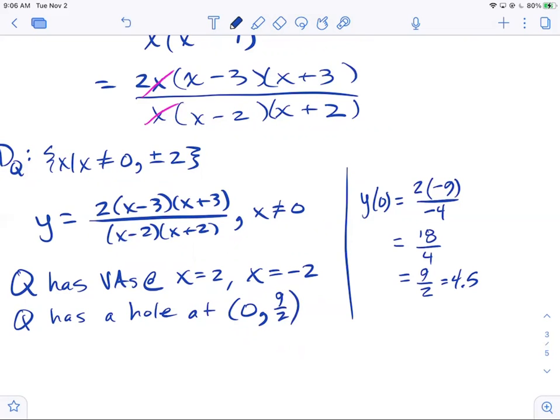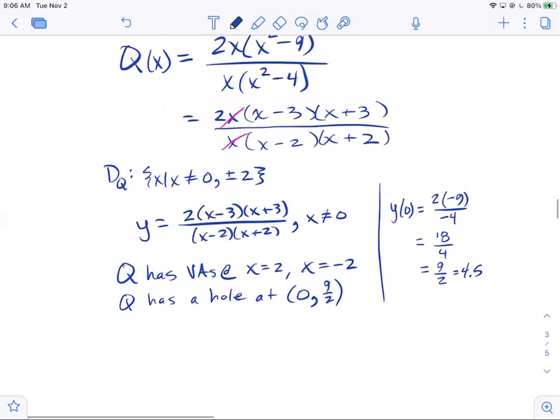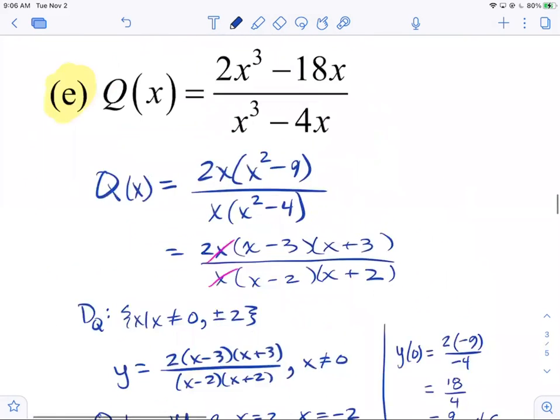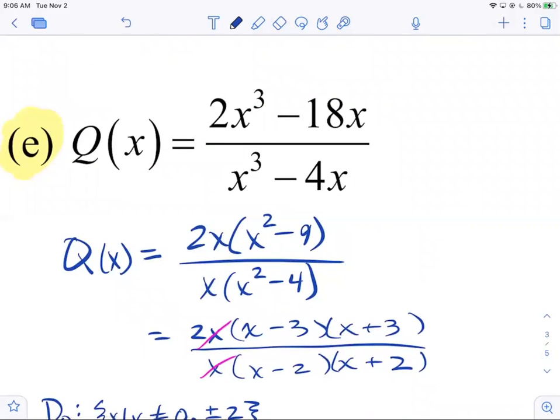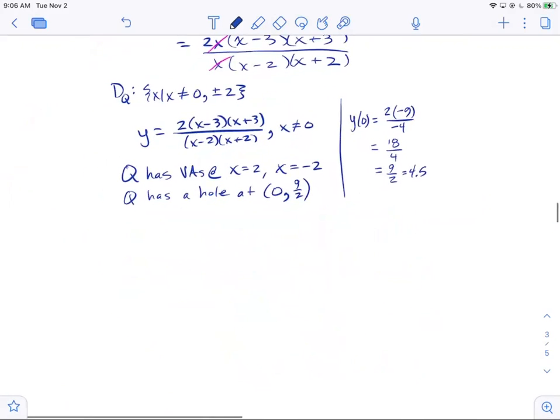Okay. All right. So now that we've classified all the discontinuities, we are going to find the other asymptotes, which are the end behavior, if there are any. And for that, we go back to the original one, right? It's cubed over cubed. They grow at the same rate. Whenever that happens, the end behavior is always going to be leading coefficient over leading coefficient. So let's go ahead and write out the analysis.